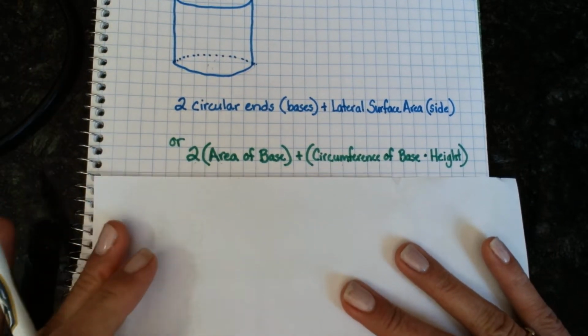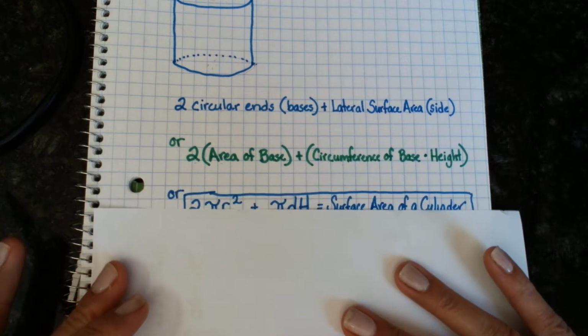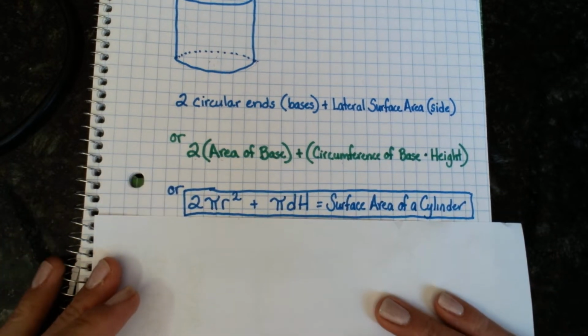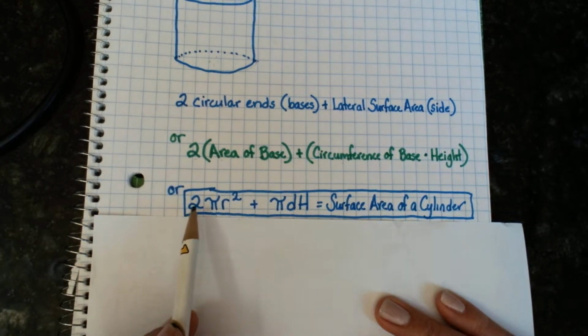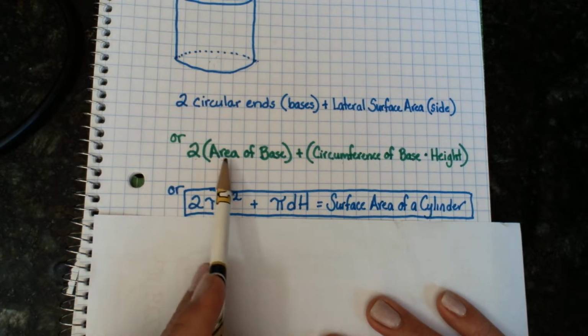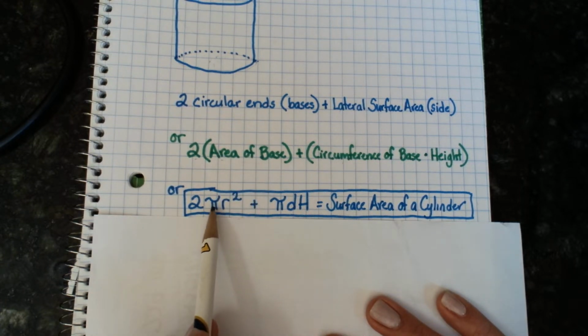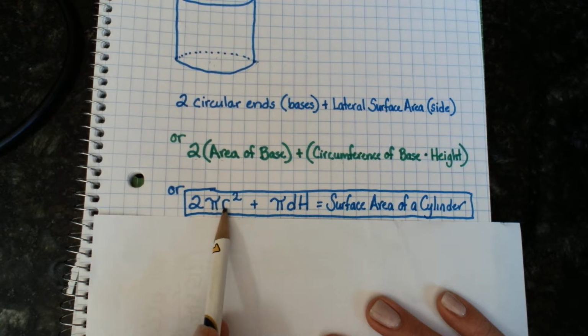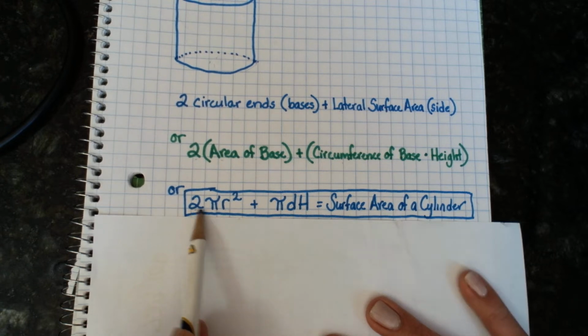And now we get to the actual formula using symbols and variables. To find the area of the base, the base is a circle, so we multiply pi times the radius squared. And of course, we have two bases, so we multiply it by 2.